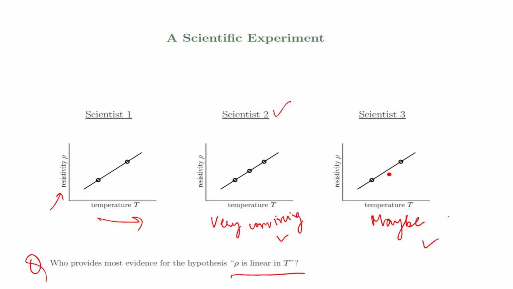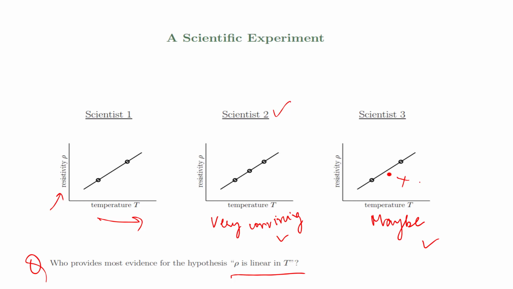Now, if the measurements are exact, then scientist 3, we will say here, has managed to falsify the theory, because this is saying that this is not linear in some ways. Falsify meaning there is evidence to prove that this might not be the case. So there is some evidence to show some falsification.